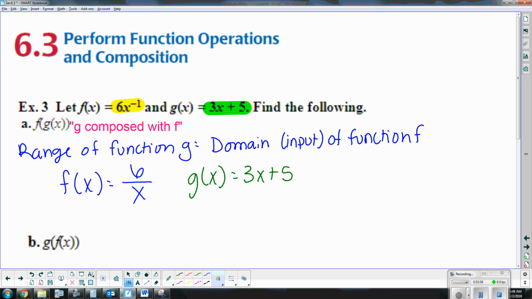So in order to find f of g of x, or g composed with f, we are going to substitute 3x plus 5 in for the independent variable of function f. So function f of g of x equals 6 over 3x plus 5.